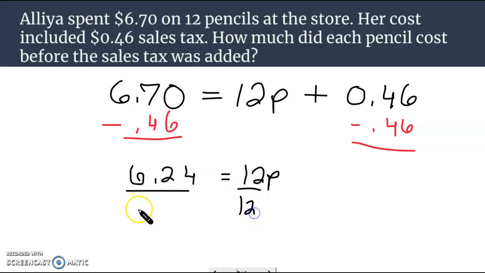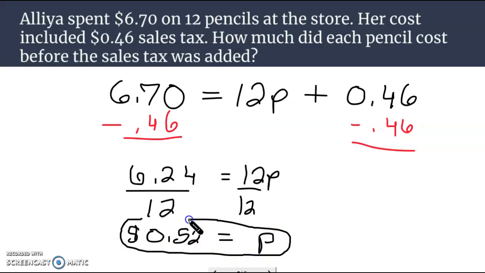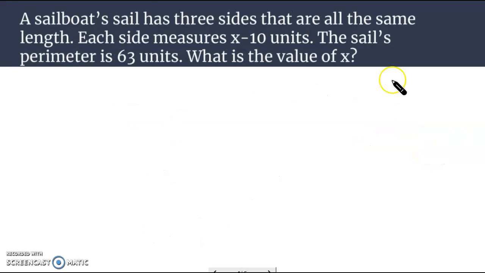That will get the P by itself. $6.24 divided by 12. Calculator says 52 cents, 0.52 of a dollar. Each pencil costs 52 cents. Let's look at this one here.